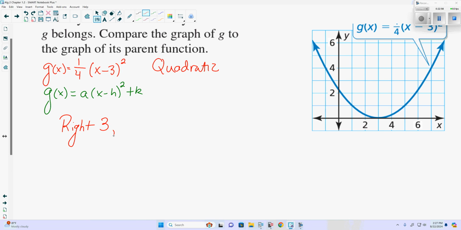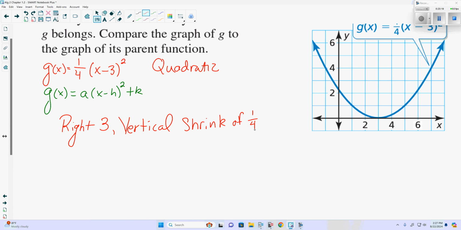And the last thing we have is what? The vertical shrink of 1/4. That 1/4 is in the place of a. And since it's between 0 and 1, it's a vertical shrink of 1/4.